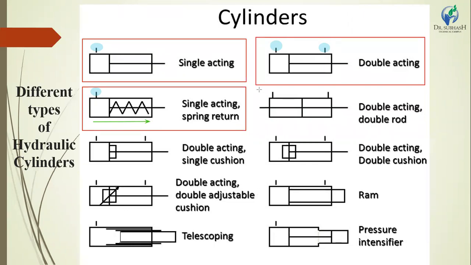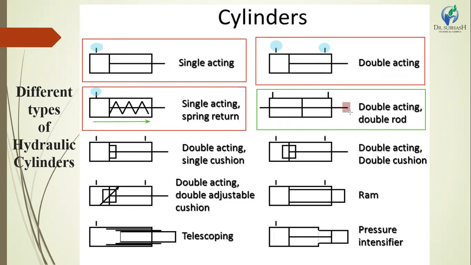The next is double acting and double rod. Here is a double acting cylinder, but the piston rod is connected on both sides, which means we call it a double rod condition.